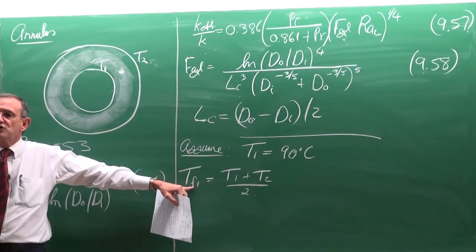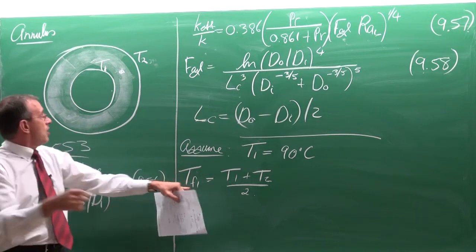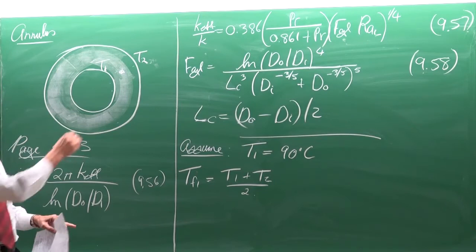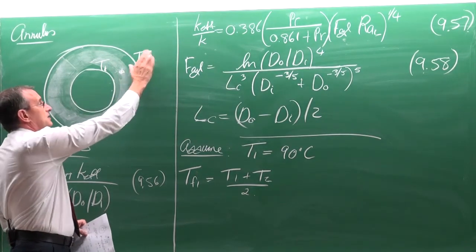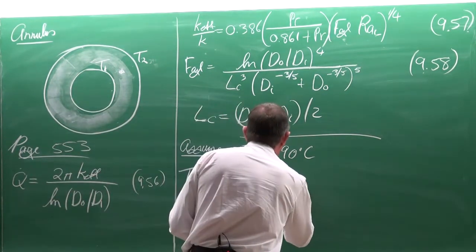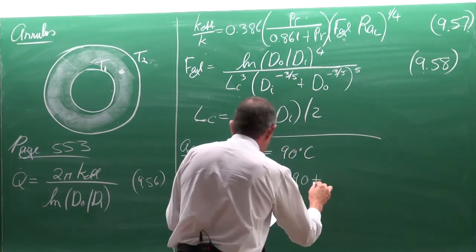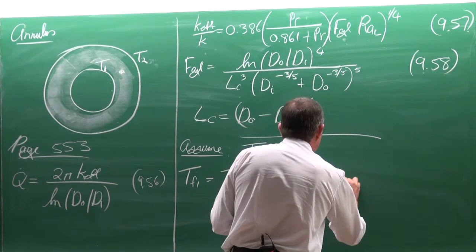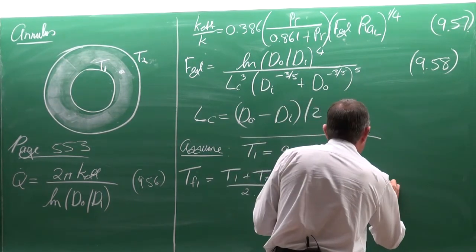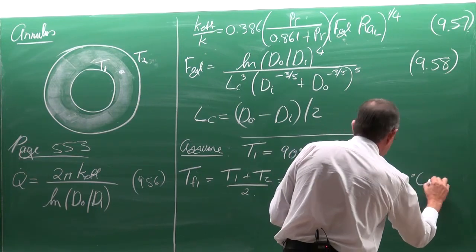And take note, I use a 1 now, because 1 is in this area here. So this is equal to 90 plus the glass, which is 46.6, divided by 2, and that is 68.3 degrees Celsius.